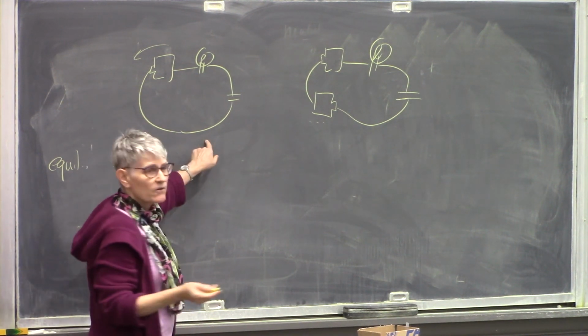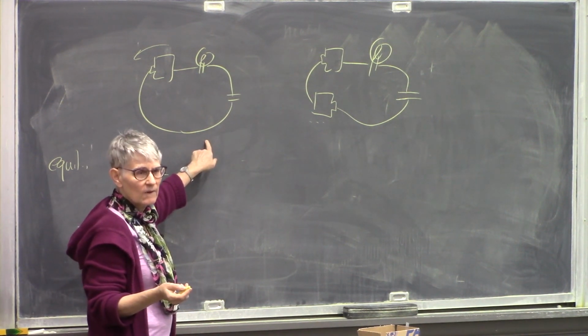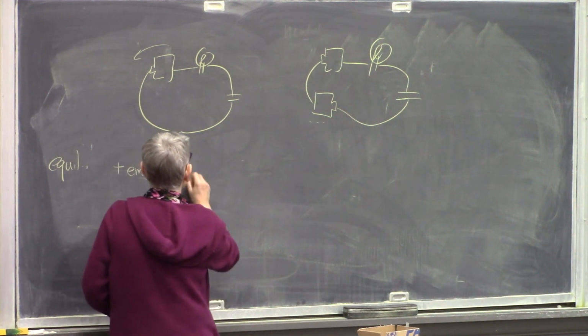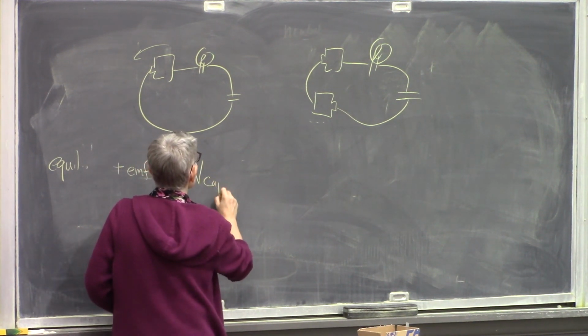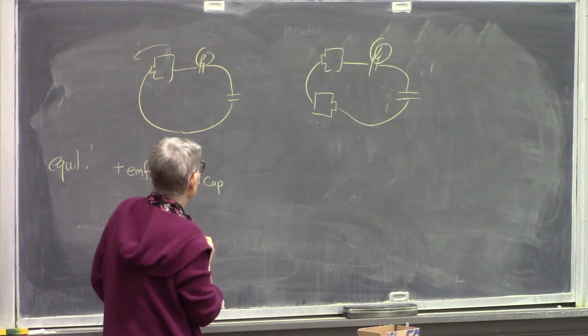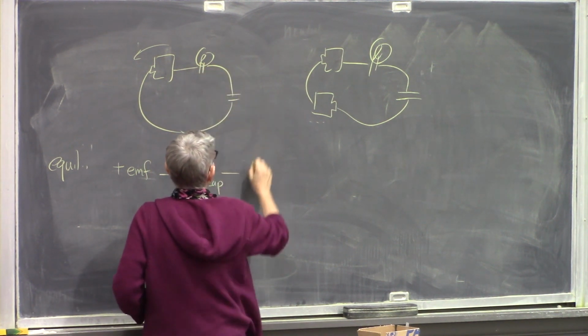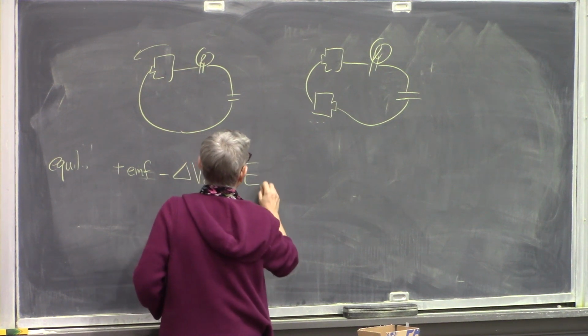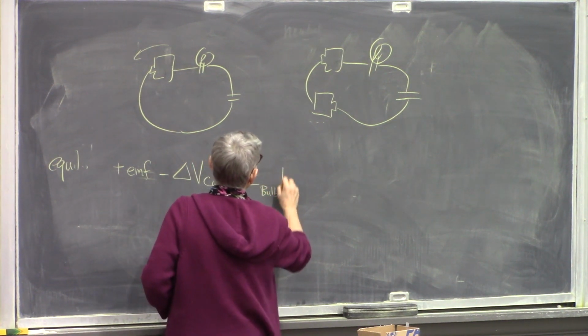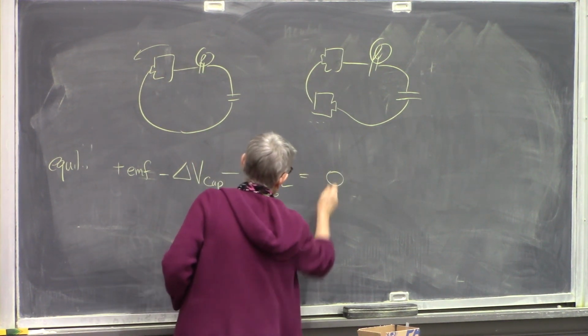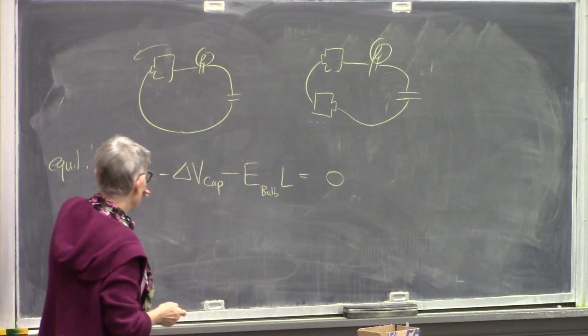The connecting wire is negligible. We have the potential difference across the capacitor, and then the electric field in the bulb times the length of the filament, and that's equal to 0.